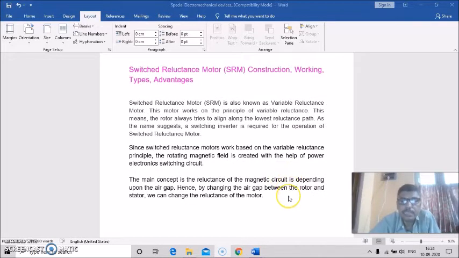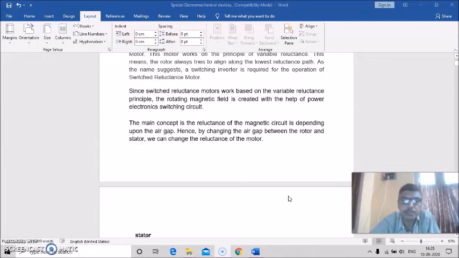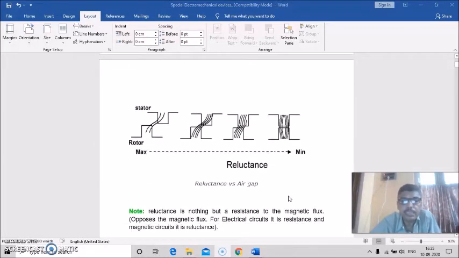The main concept is that the reluctance of the magnetic circuit depends upon the air gap. Hence, by changing the air gap between the rotor and stator, we can change the reluctance of the motor. See, this is reluctance versus air gap. This is stator and this is rotor. Whenever this gap is more, this is maximum reluctance.